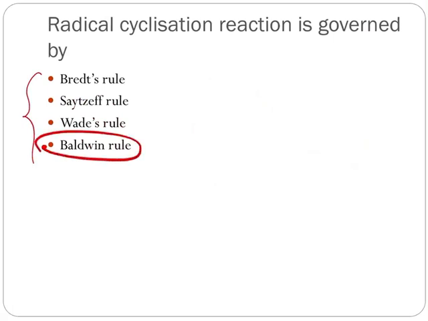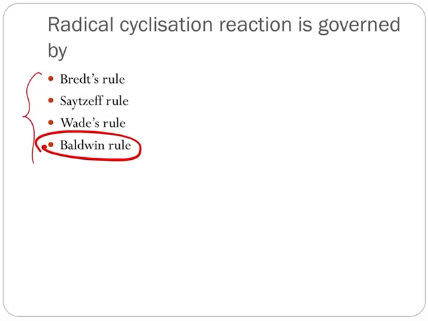According to Baldwin rule, different types of patterns are given, and which one is favorable, which one is not favorable, he experimentally derived. So the radical cyclisation reaction is governed by Baldwin rule.